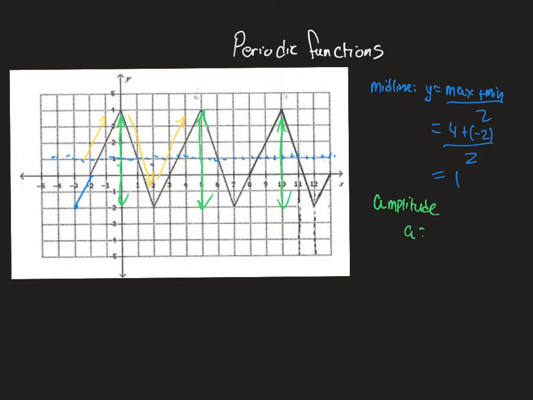It also has a formula: max minus min divided by 2. So that's 4 minus minus 2 divided by 2, which is 3. What does that tell me? That tells me that where my axis is, if you count 3 up, you'll get your max. 1, 2, 3. If you count 3 down, you'll get your min. 1, 2, 3. So that's my amplitude.